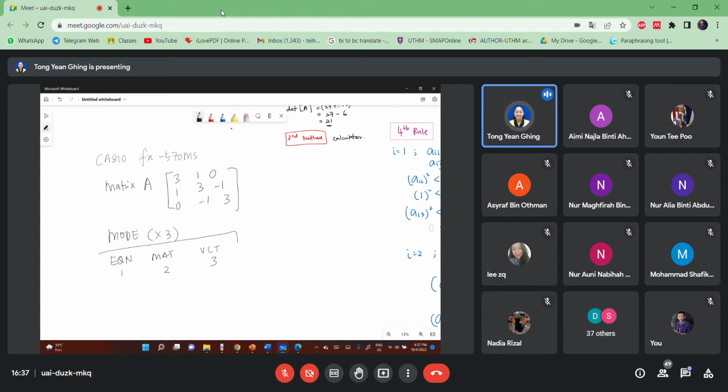It will appear like this in your calculator. So that means you have to choose number 2. So you press 2.